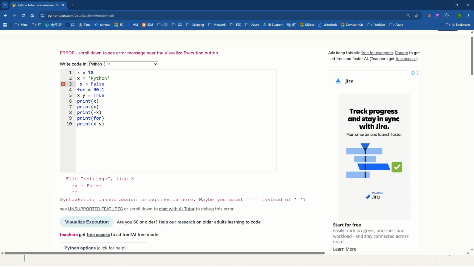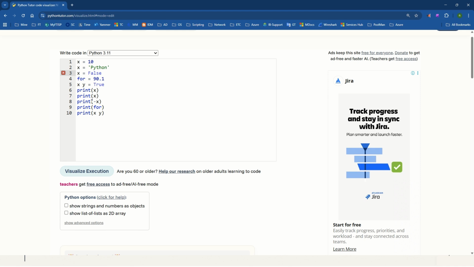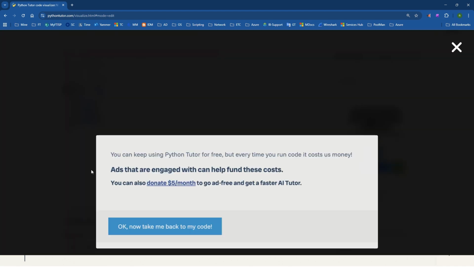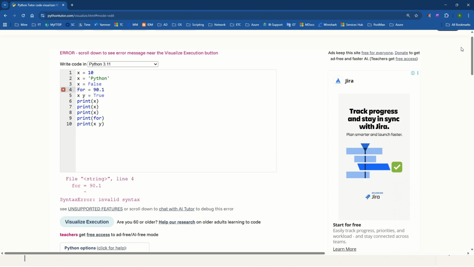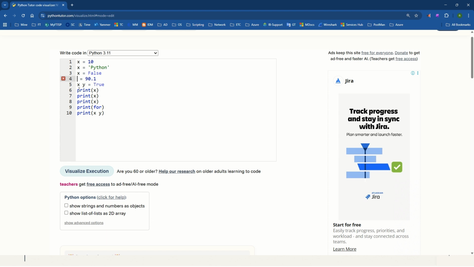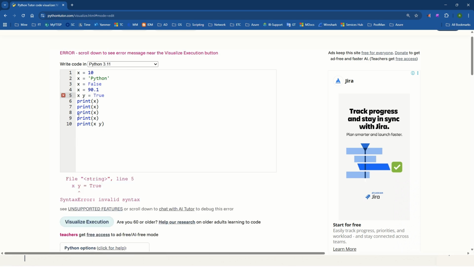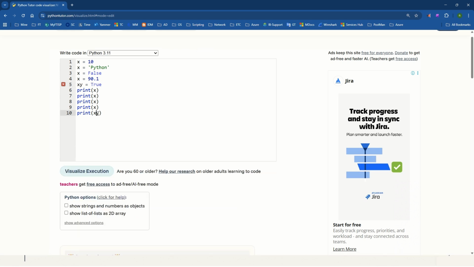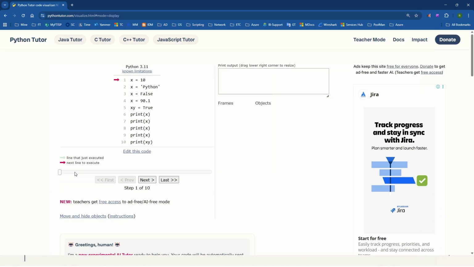You cannot use subtraction or a hyphen. You cannot use keywords. You cannot use a space in between.